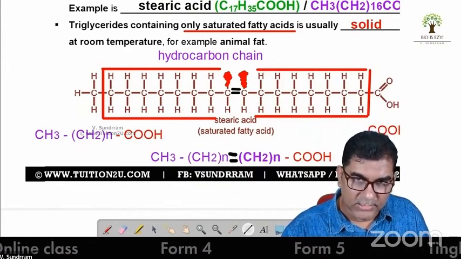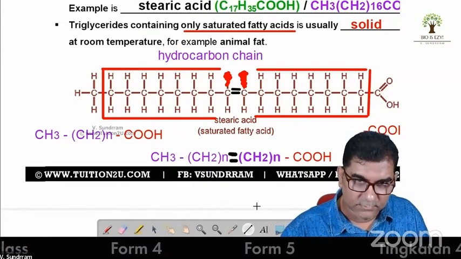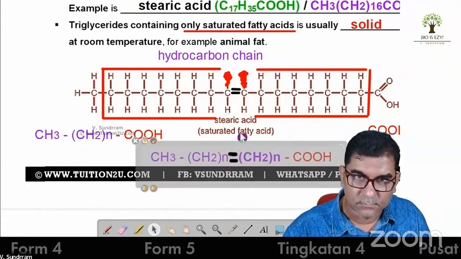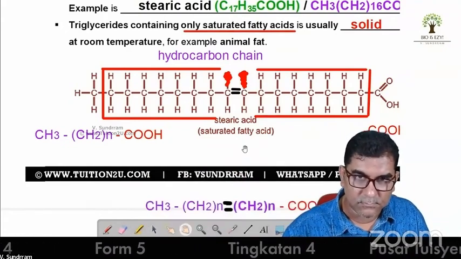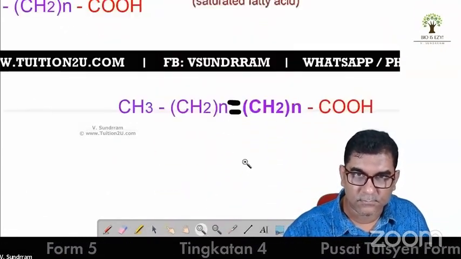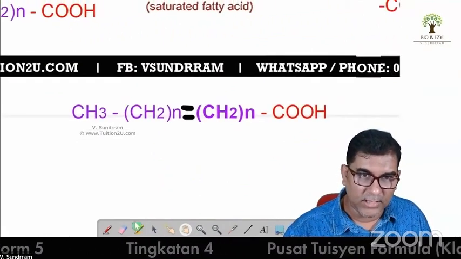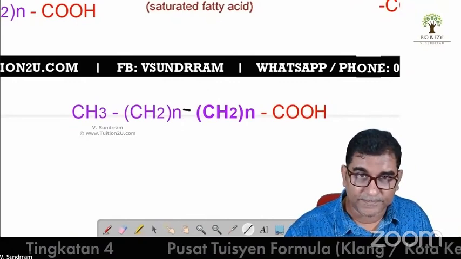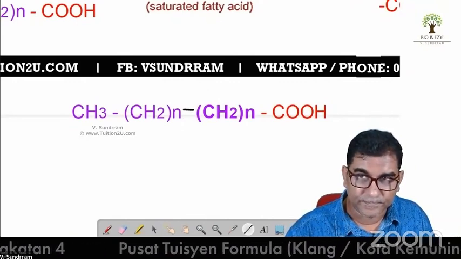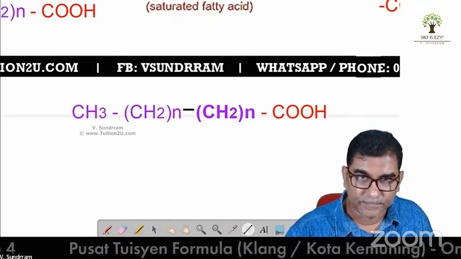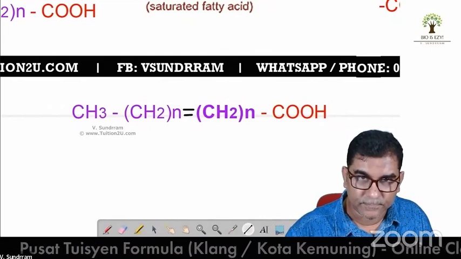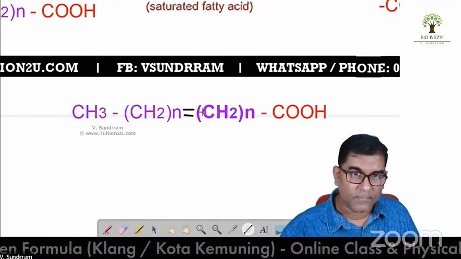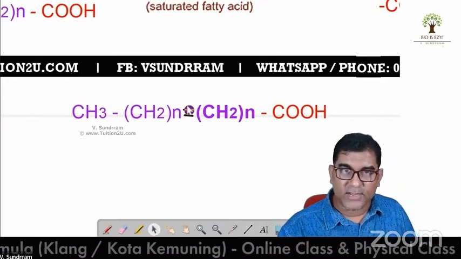The two lines I've drawn here. Okay, the two lines I'm drawing now represent what?